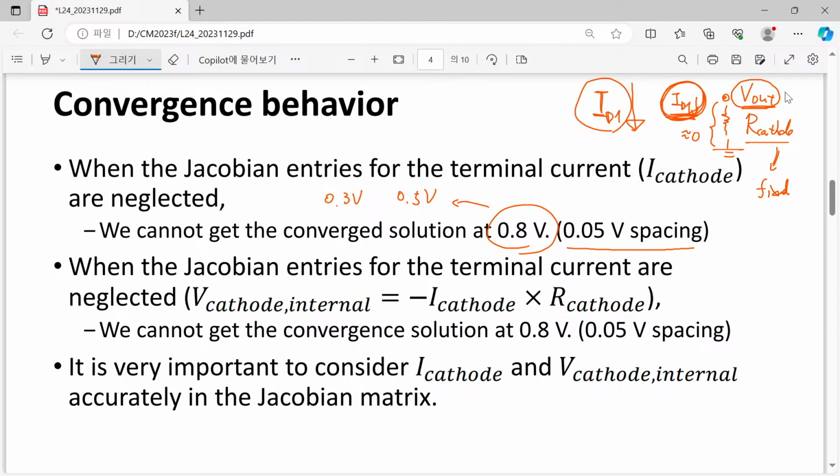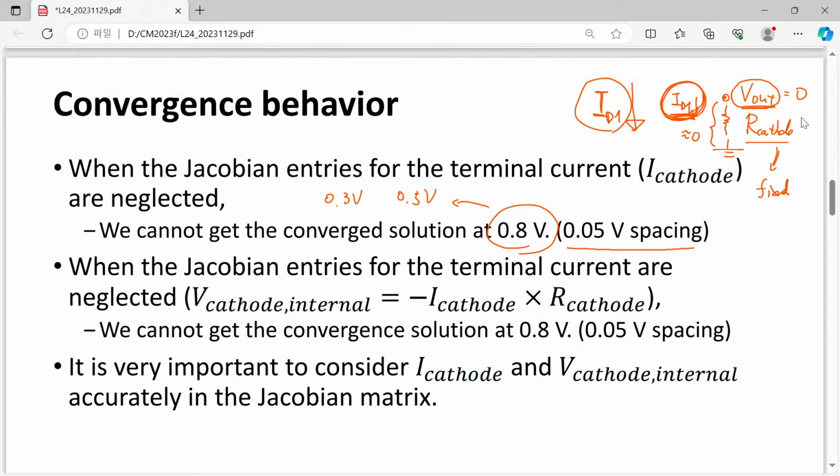So it is virtually just grounded. Since V out is well captured as virtually ground, this does not degrade your convergence behavior. Only when we have a non-negligible value for our diode current does that affect our convergence behavior.